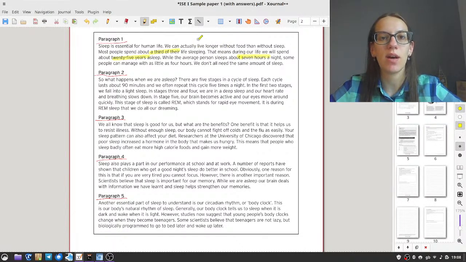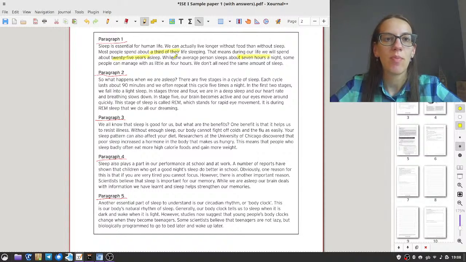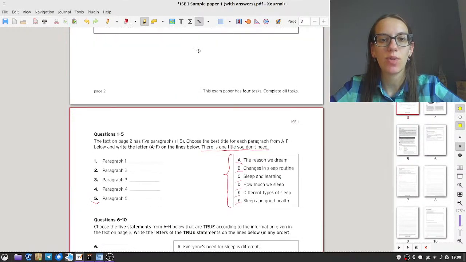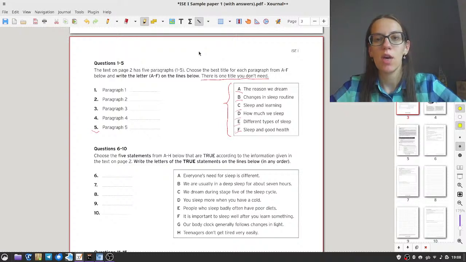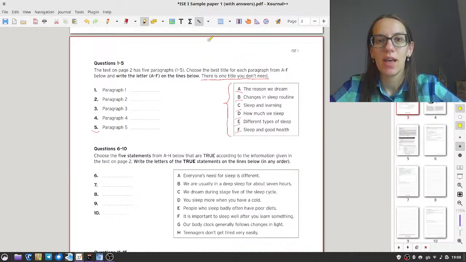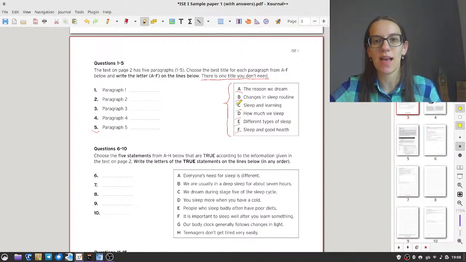So basically the main idea of this paragraph is how much we sleep. And if we now look at the titles, well, which title looks the closest to this idea? In fact, we do have a title that says exactly that, how much we sleep. So I think that's a good title for this paragraph.